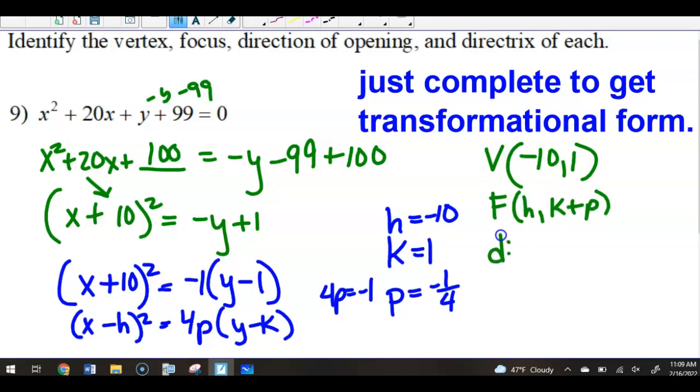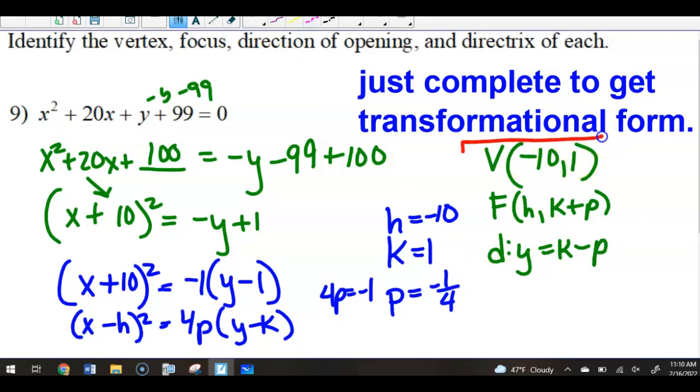And while I'm looking at my sheet, directrix is h comma, no, sorry, it's not a point, kidding. Directrix is y equals k minus p. The issue, though, is that p is negative.